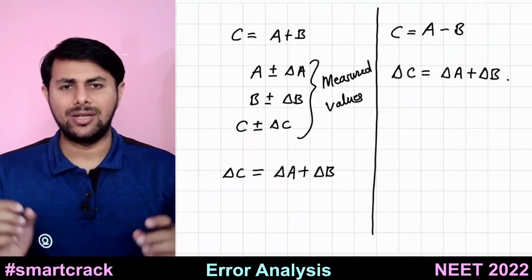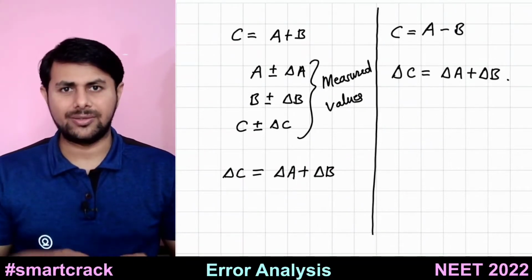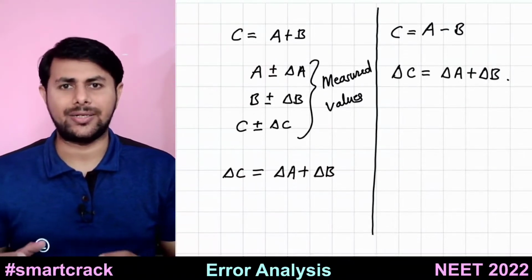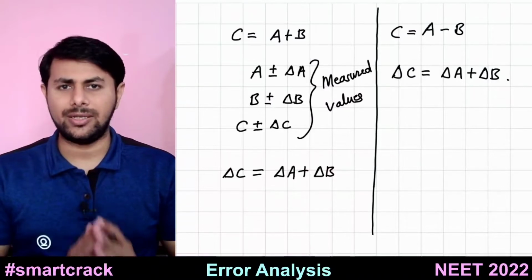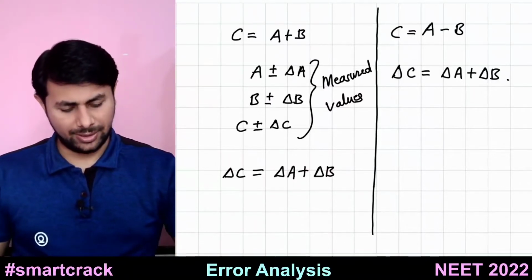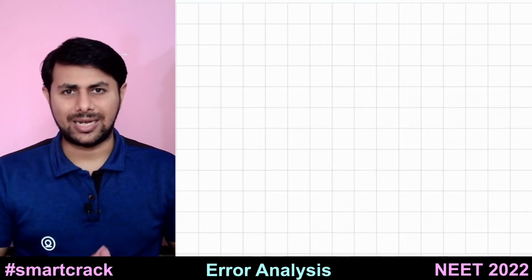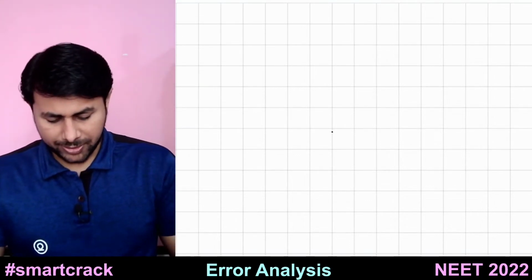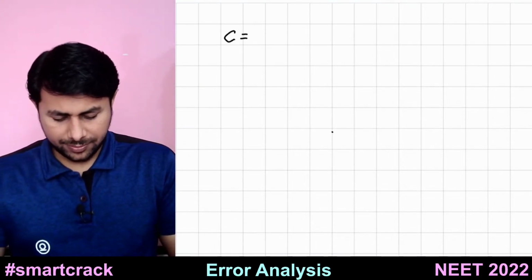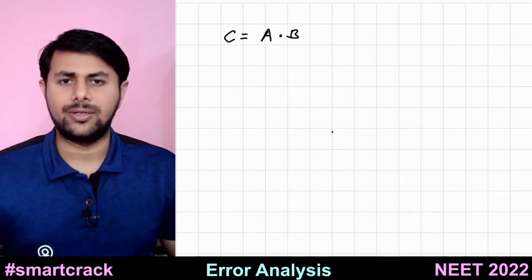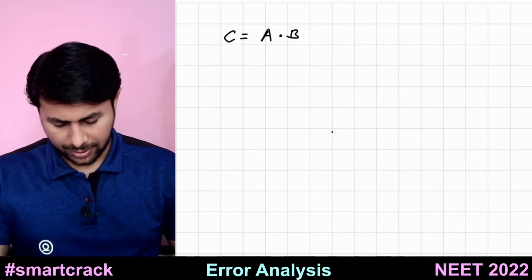So this is error in addition and subtraction. The absolute errors in the two quantities get added to get the absolute error in the resultant. All right, so now let's talk about multiplication and division. Let's suppose now C is equal to A times B. So in this case, what happens to the error?